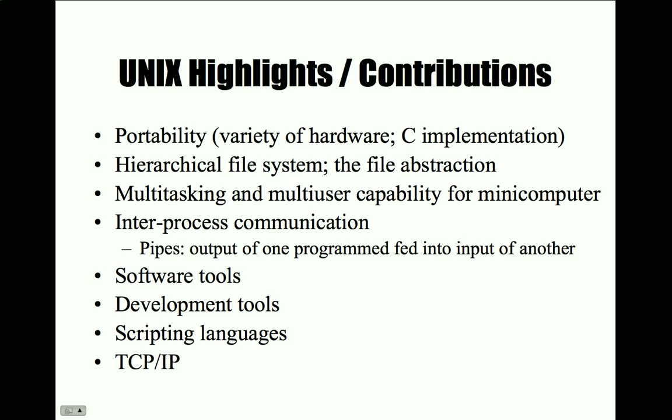We already said that the file system is hierarchical, and the file system is a good abstraction because it's also using devices. We'll see later on that it basically uses a device like a printer or a terminal as part of the file system. It designates a name for the device, and that name is part of the file system. It allows multitasking, multi-users.